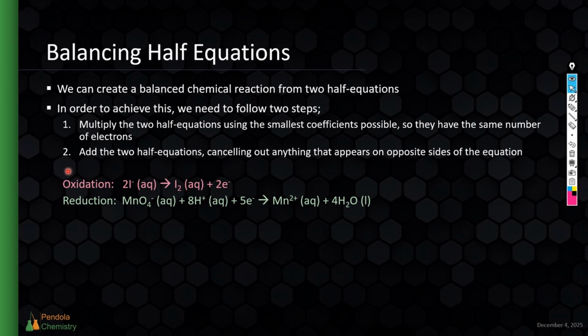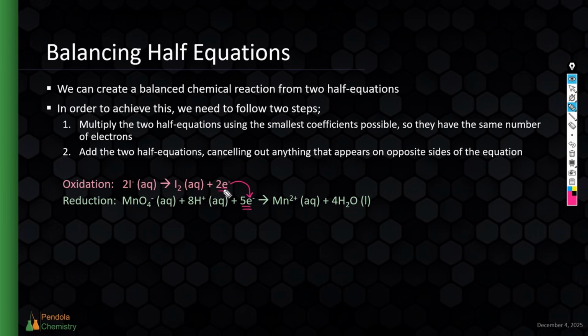The oxidation half reaction is going to lose those electrons, and the electrons that the oxidation half reaction loses are then carried over into the reduction half reaction to then be picked up by the reduced element and be transformed. Well, in order for this to happen, the number of electrons that are lost by the oxidation reaction need to match the number of electrons that are gained by the reduction.